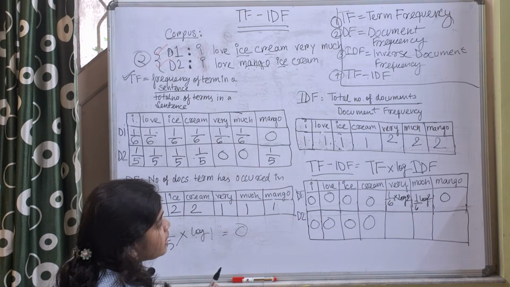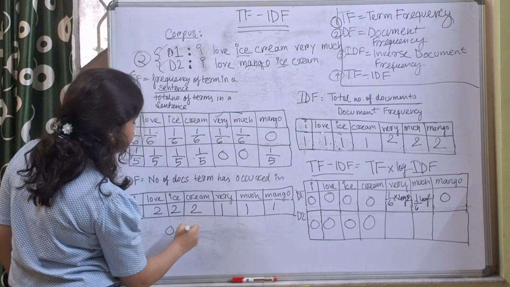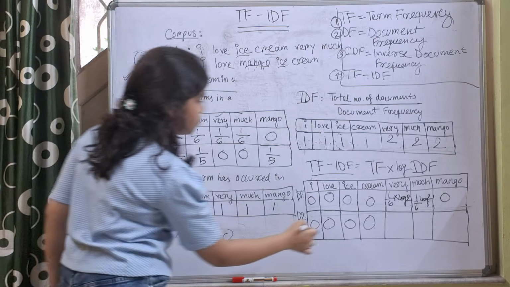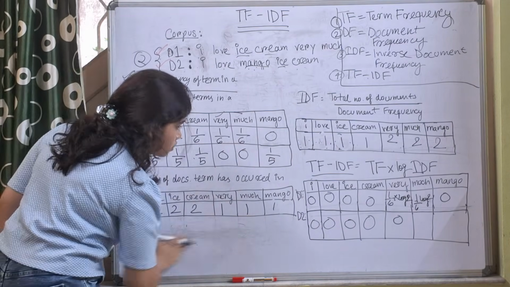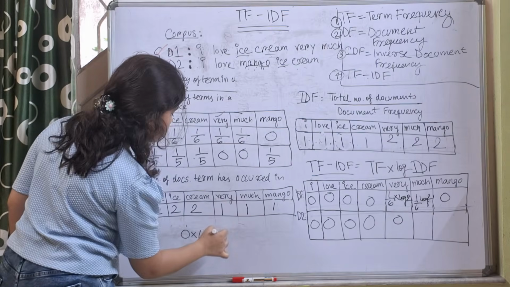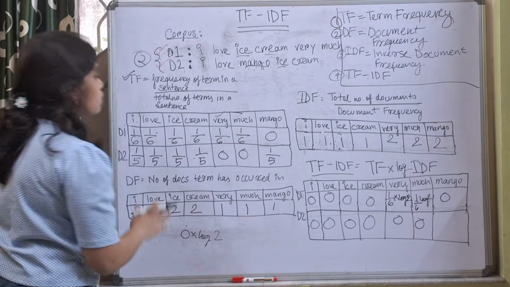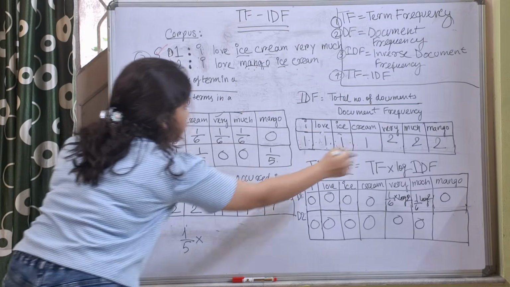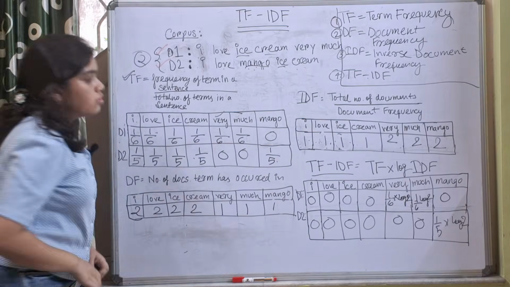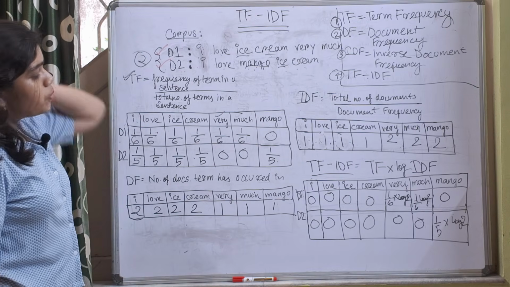And then for "very", 0 into log 2, which is 0. For "much", we will have 0 into log 2, which is 0. And then for "mango", we will have 1 by 5 into log 2. So this is what our TF-IDF looks like. Okay, hope you have got it.